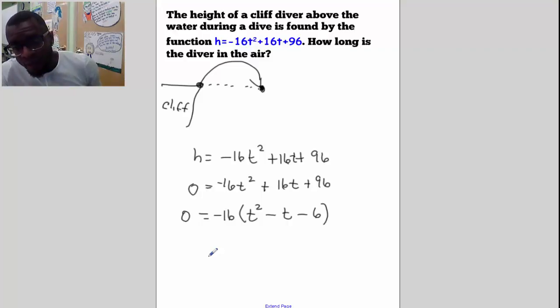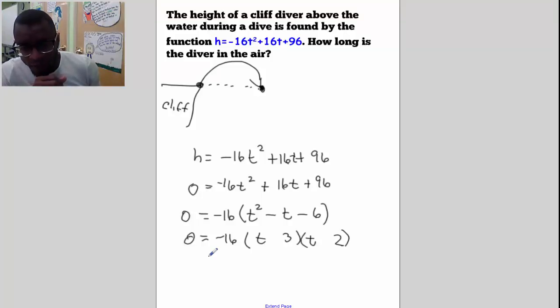Now I want to factor. So -16, this is going to be t, and I need a -1 in the middle, so I'm going to have 3 and 2, and I need negative, positive.